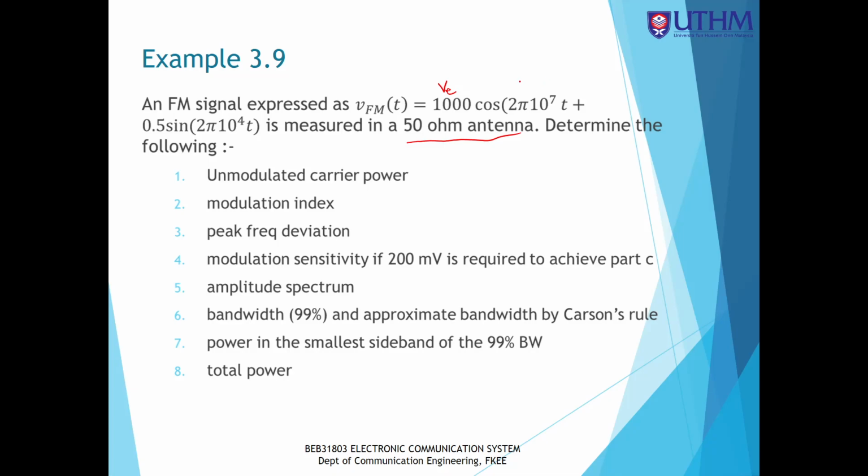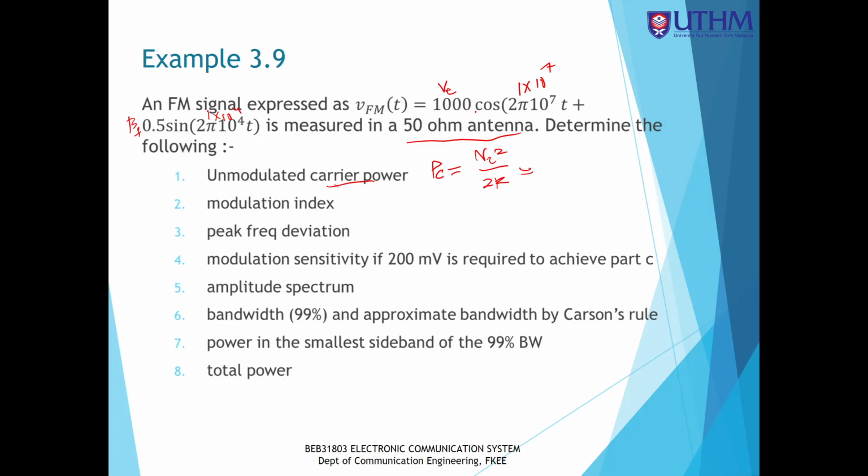You are given FC, which is 1 times 10 power of 7, which is 10 mega actually. And then you are given beta F, which is 0.5, and FM is 10 kilohertz. The question asks, find the unmodulated carrier power, so find PC. PC is equal to VC square divided by 2R.